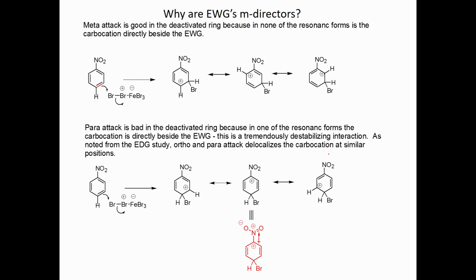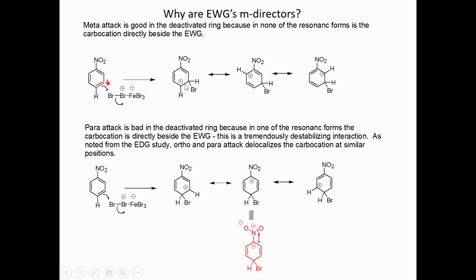All right, so now we're going to look at why our electron withdrawing groups are meta-directors, and it's exactly for the opposite reason. All right, so we're going to consider the meta attack first, and we're going to consider attacking the bromine here in this bromination reaction at this carbon right here. Okay, when we attack this, we generate initially the carbocation. Okay, and we start drawing the allylic resonance forms.